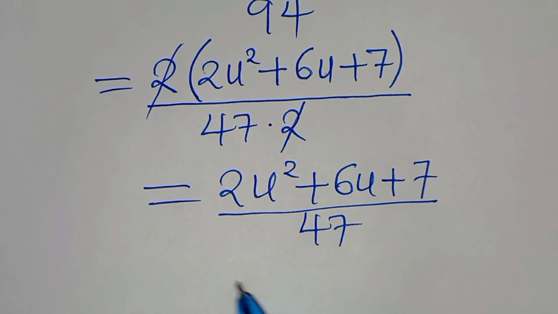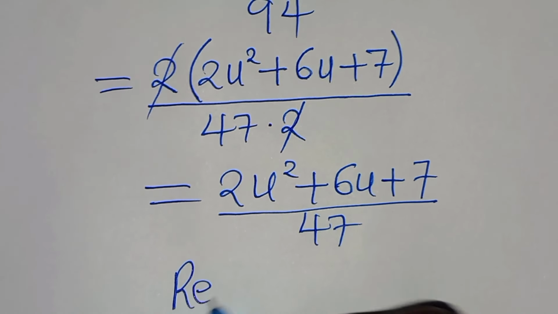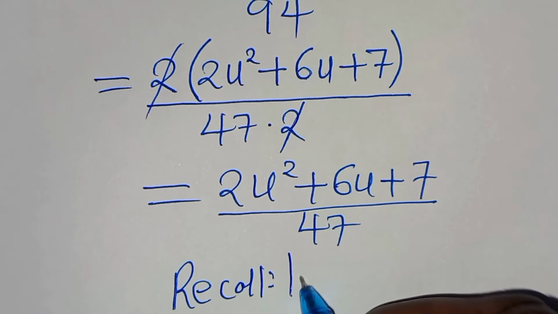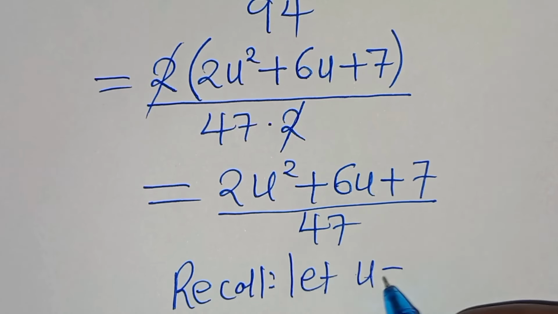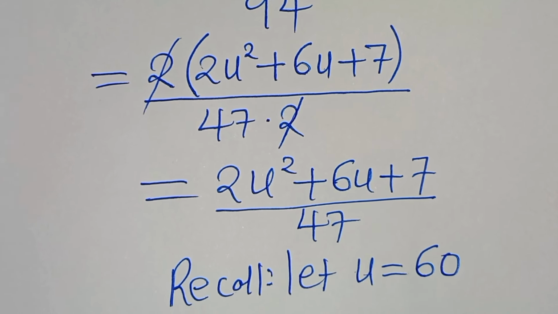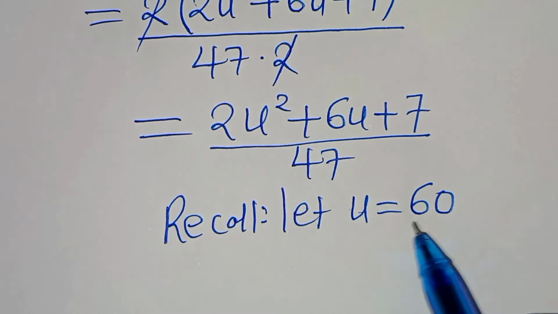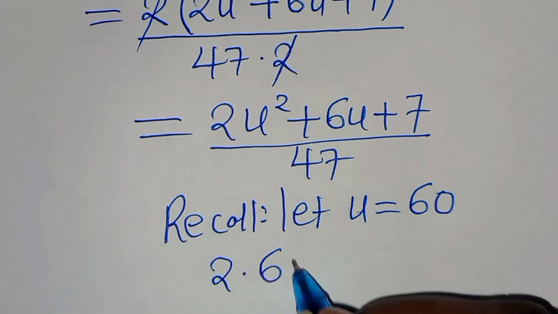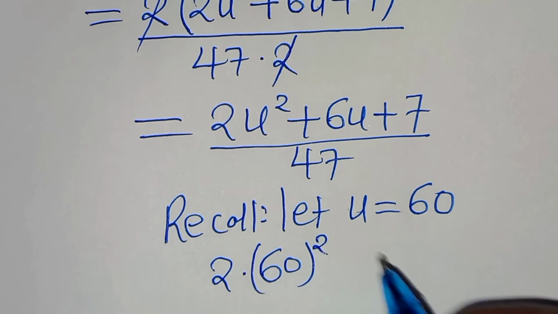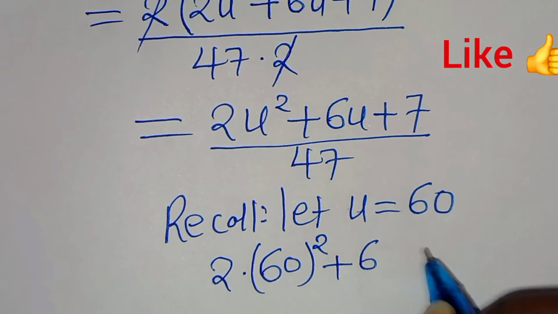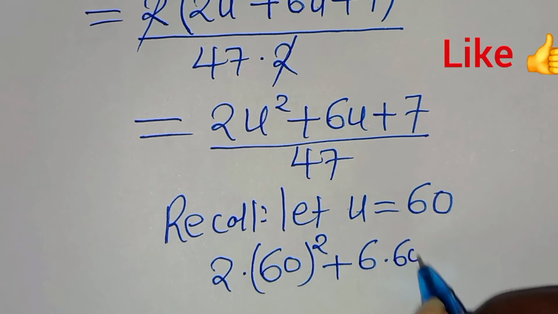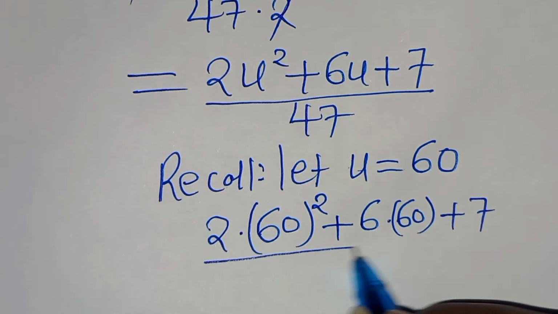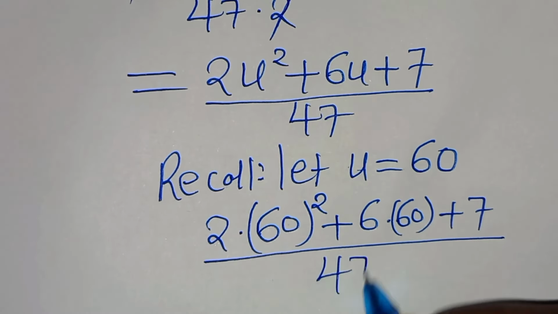Now, the next step from here, if you recall, we have seen that u is equal to 60. So let's substitute u with 60, so that here we have 2 times 60 raised to the power of 2, then plus 6 multiplied by 60, then plus 7, everything here divided by 47.